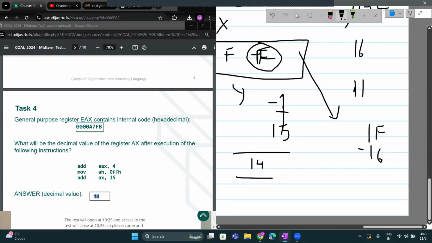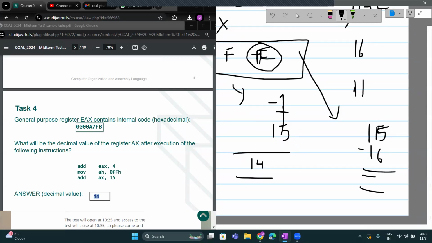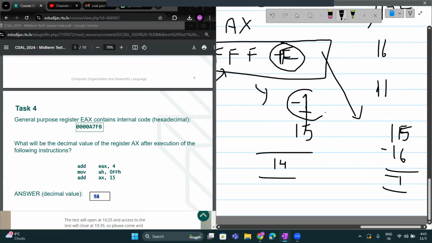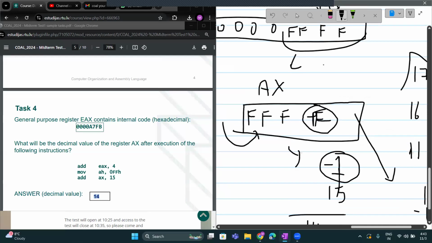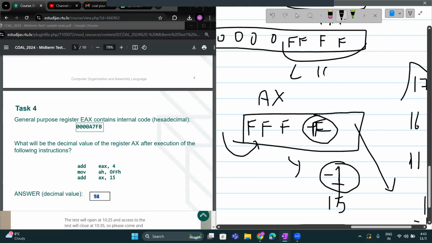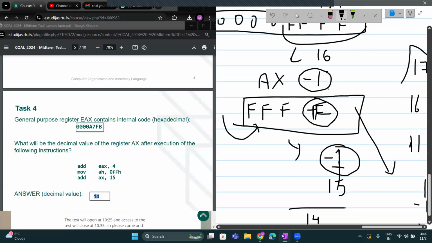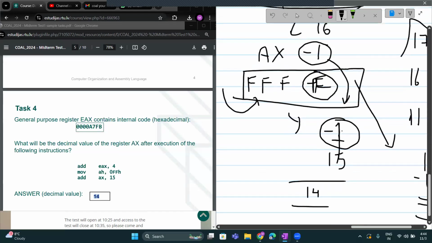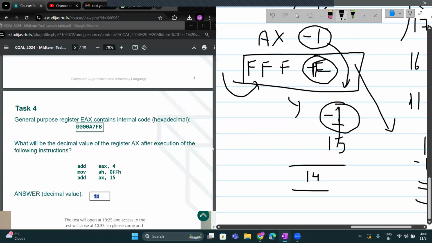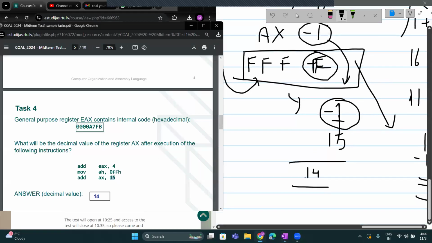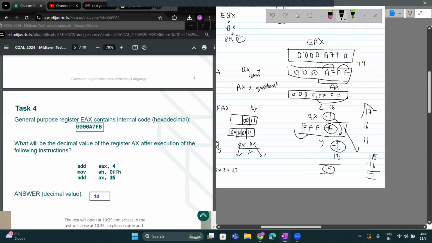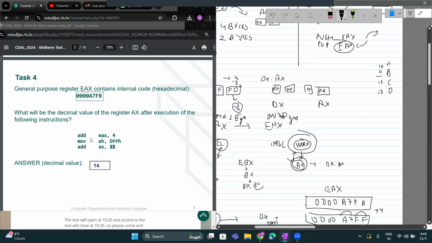So F is 15, and 15 minus 16 is -1. Or we can even visualize, if here was a 16, how do we get 15 here? We just subtract 1. So -1 is the value of AX. And when we add 15, we get the value 14. That's the first question from general instructions.